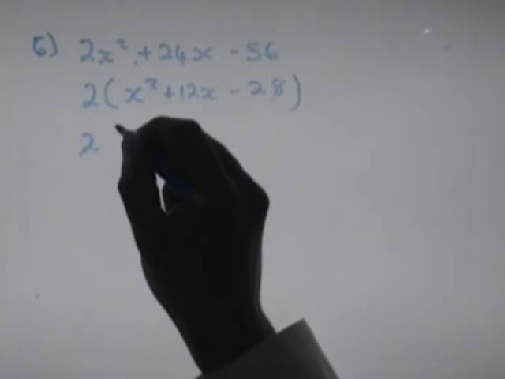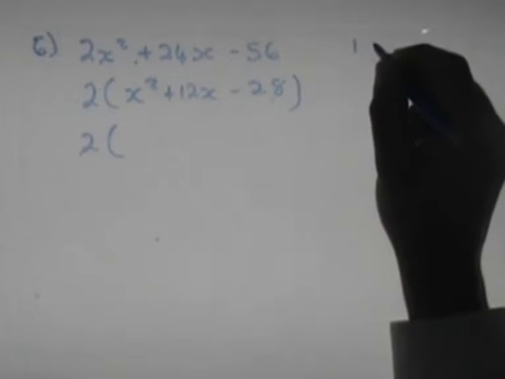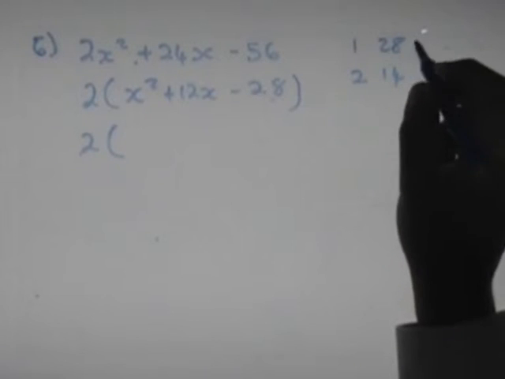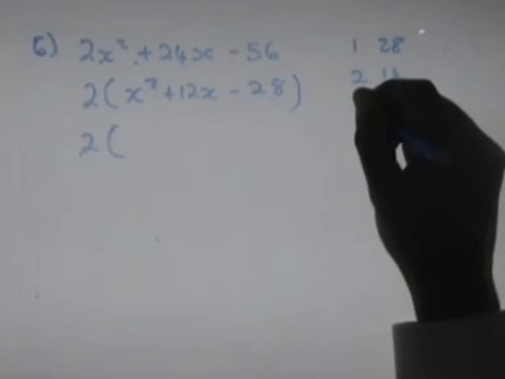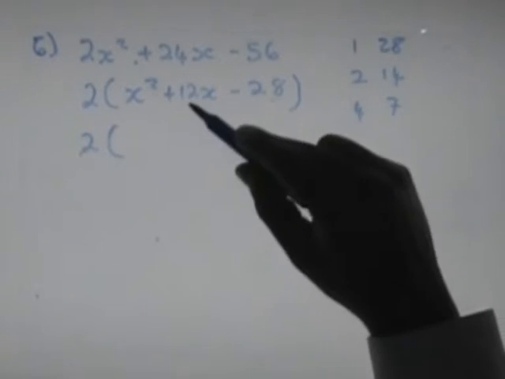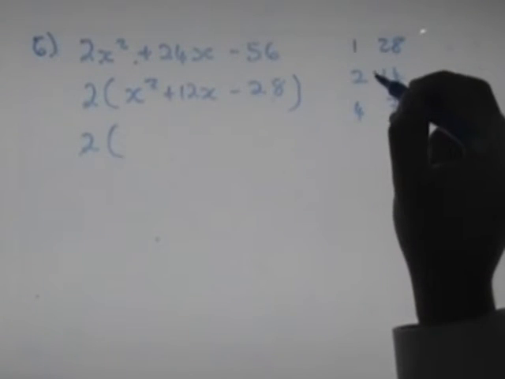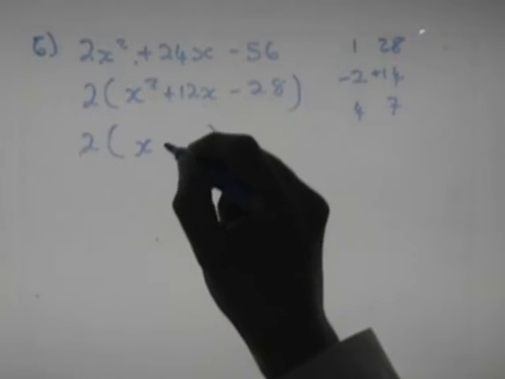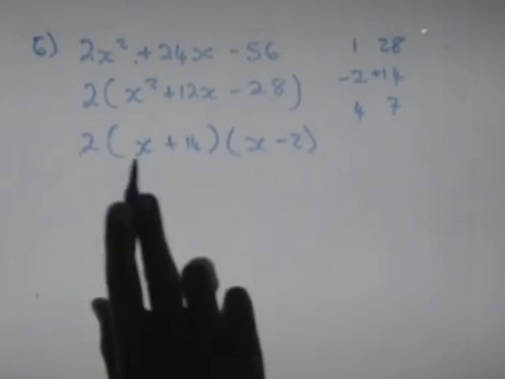That's going to equal 2 multiplied by, now factorize this. Factors of 28 are 1 times 28, 2 times 14, 4 times 7. Notice 2 and 14 can give us positive 12, 14 minus 2. Plus 14 times minus 2, does that give us negative 28? Yes, it does. So this is going to be x plus 14, x minus 2 to give us that.